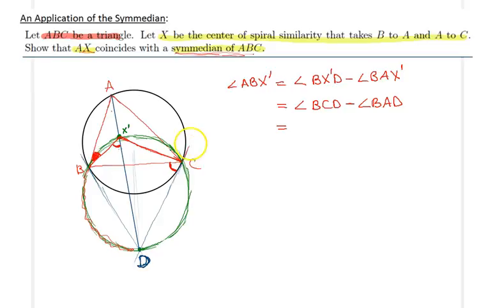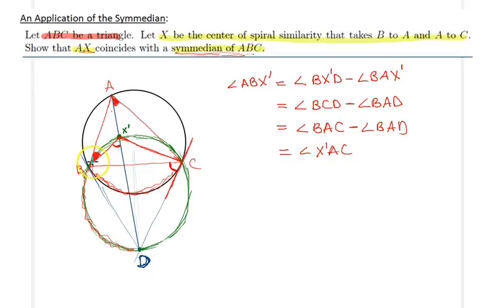Because CD is a tangent line, so BCD, when compared with our initial circumcircle, subtends the arc BC, and that arc is also subtended by the whole angle BAC. So I can replace BCD with BAC, giving BAC minus BAD. Now BAC minus BAD is simply this angle here, angle X prime AC.